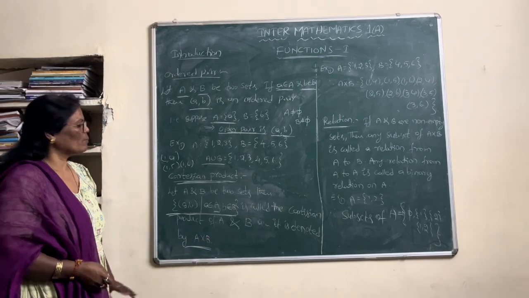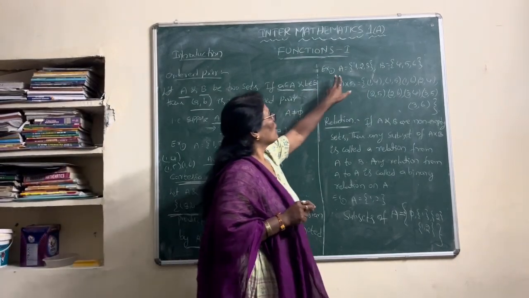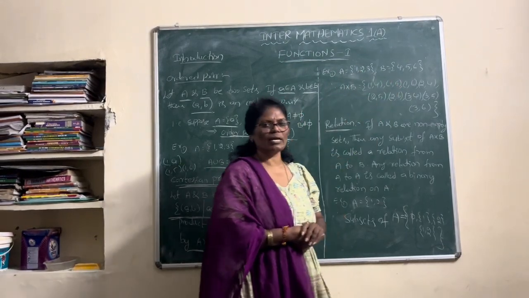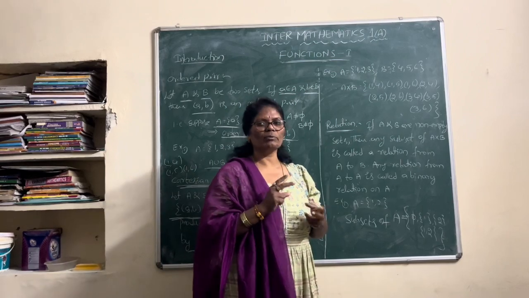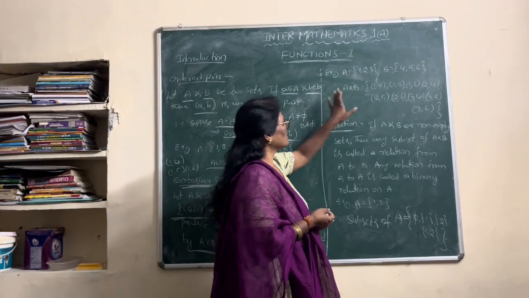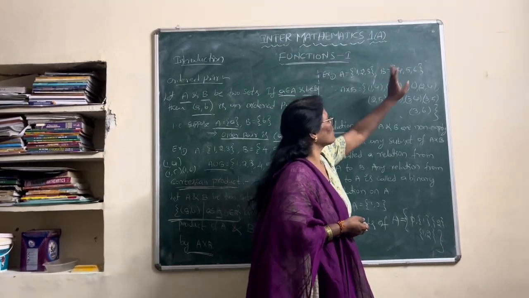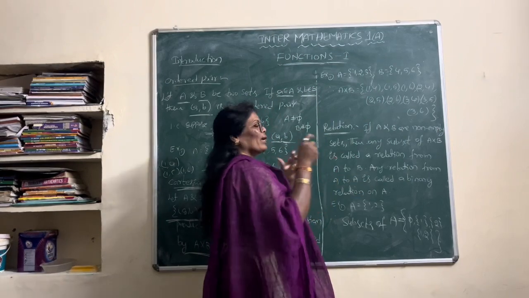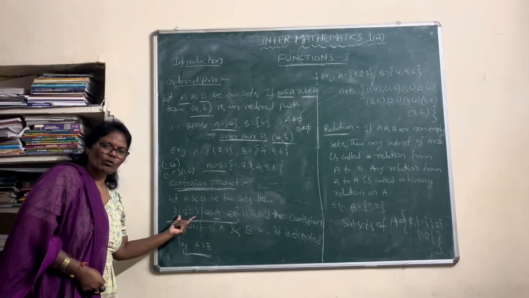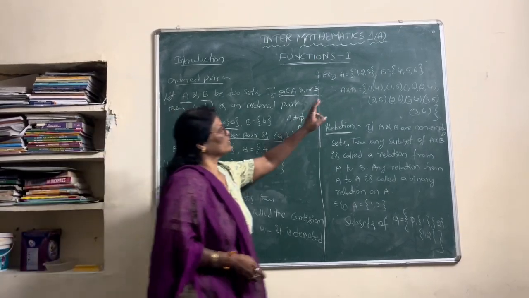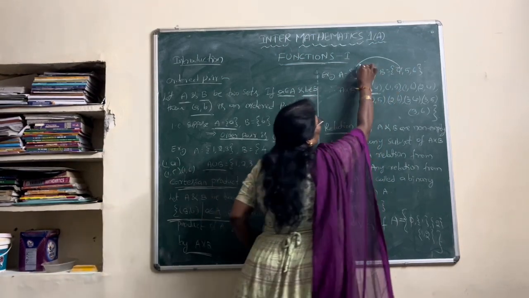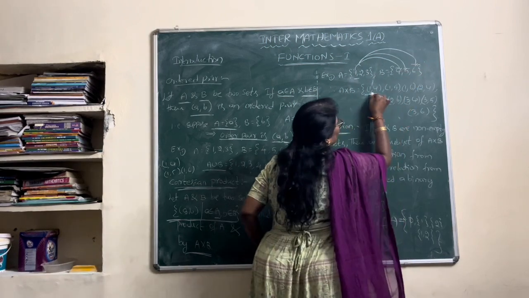Okay, A cross B. Suppose for example we take A as the elements 1, 2, 3 and B equal to 4, 5, 6. Here A cross B, with A equal to 1, 2, 3 and B equal to 4, 5, 6, should contain ordered pairs of elements (a, b) by the definition of the Cartesian product. So first write 1 comma 4, 1 comma 5, 1 comma 6.